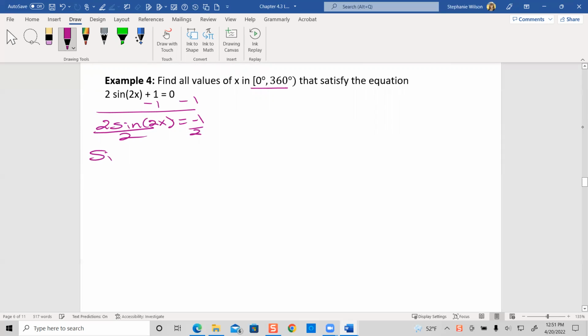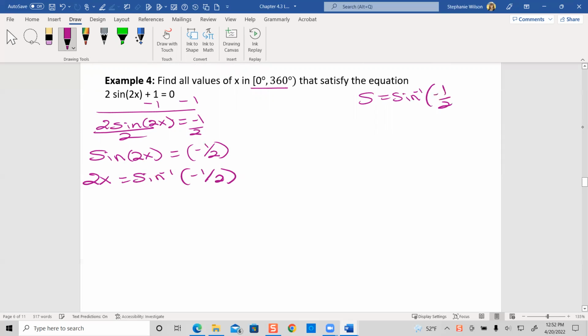I notice that I still have sine involved with the x, so I need to take its inverse in order to get x by itself. Now that I've done that, I know 2x is equal to the sine inverse of a negative half. Well, what is a negative half?